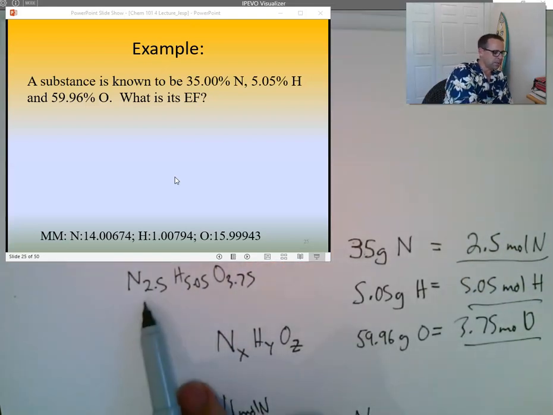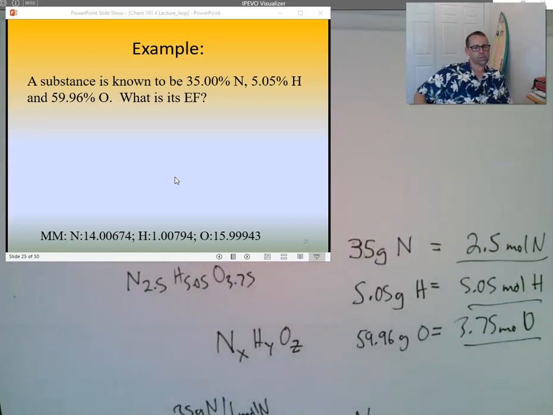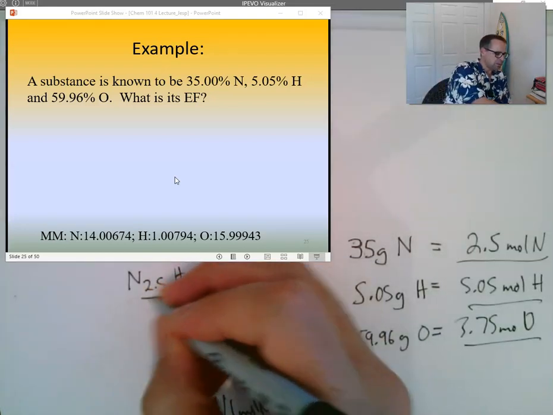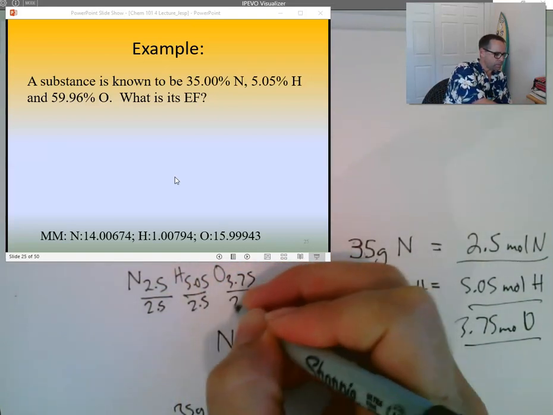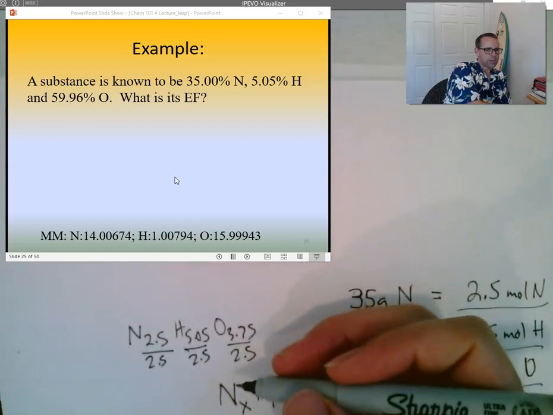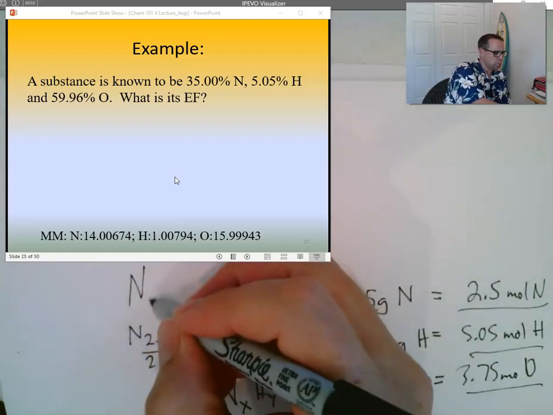Now, do you remember how to make these whole numbers, what we had to do? Times it by the smallest one, which is 2.5. All right, not times it, but divide it by, right? Divide it by. All right, so if we do that, then nitrogen becomes 1.